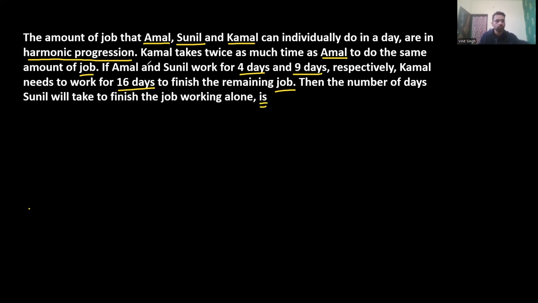Now, the amount of job they can individually do in a day means the efficiency is given. The efficiency of Amal, Sunil and Kamal is given in the form of HP, harmonic progression. If the efficiency is given in HP, then time will be in AP.